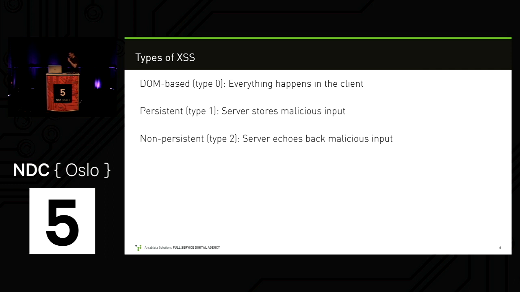However, there's an additional one, and the OWASP has created this kind of classification of cross-site scripting. And the first one was not very common until a while back, but nowadays it's getting more and more common, DOM-based cross-site scripting, where everything happens on the client. So the idea is you have a single-page application. The single-page application reads something from the URL, maybe a URL fragment, uses that information and puts it on the page.